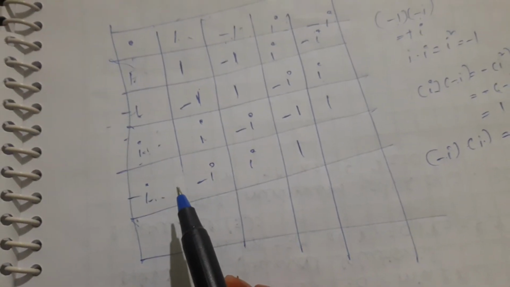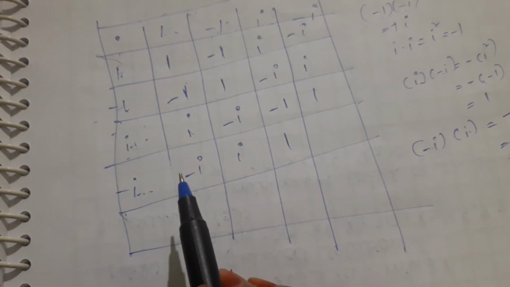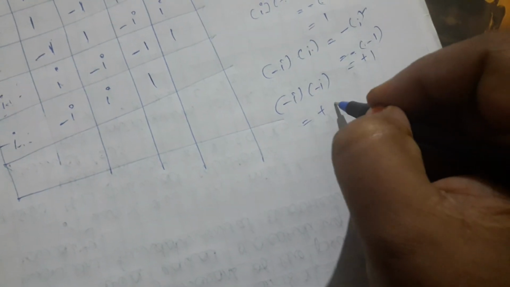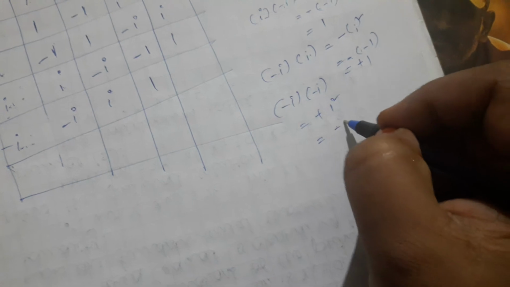Minus i into minus i is equal to plus i square. What is the value of i square? Minus 1. That is the composition table for multiplication.